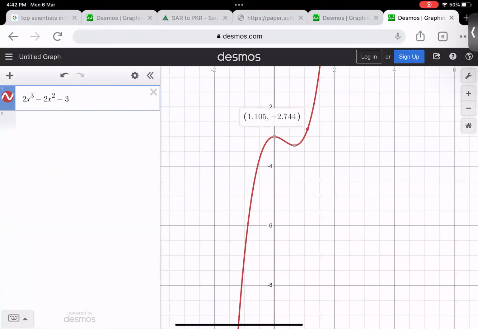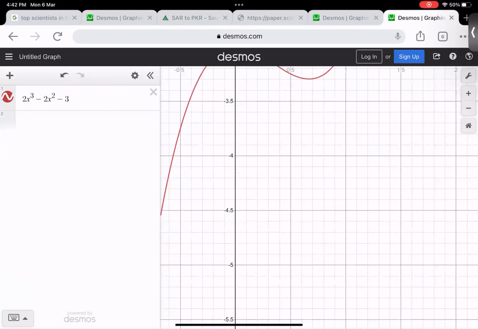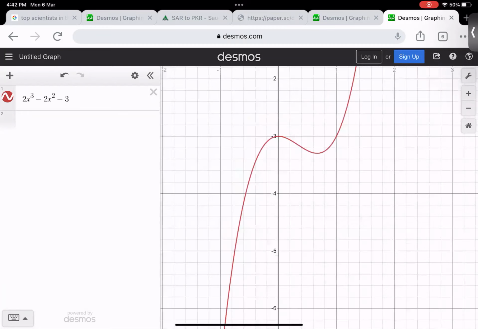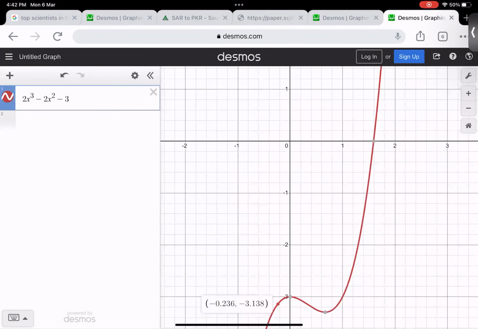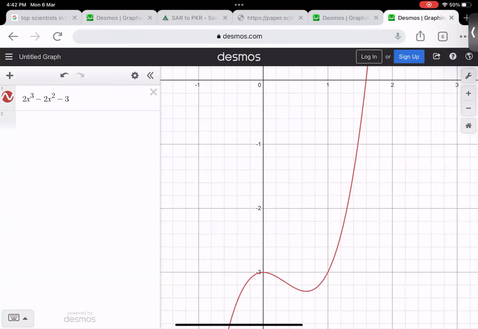Check it. We have two turning points. The x values are on the top. Yeah, here. One by one, I show you. Inshallah, I believe you will understand.